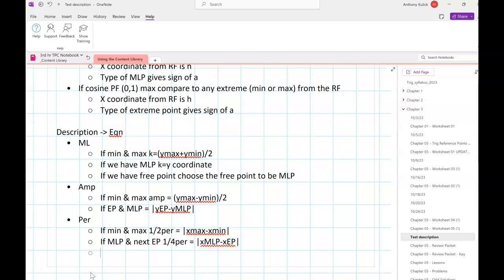I think we saw one of those. If you have like a min or max and a second extreme point, I guess we could say max slash min. And what do we say there? It's like 1.5 periods, right?